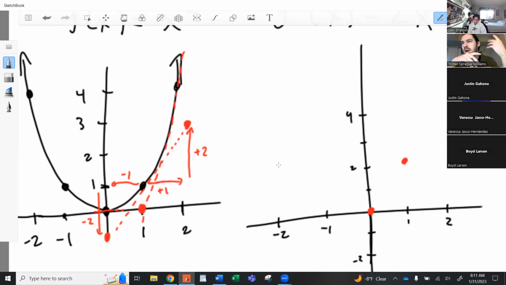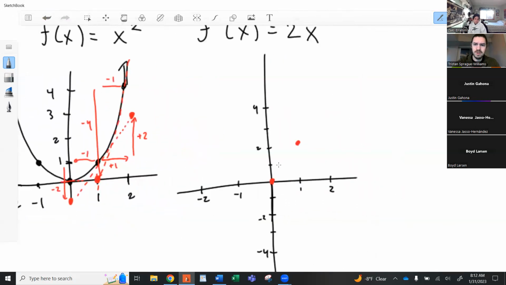I've got a very rough graph, which is why it's not ideal. But that tangent line there should end up with a slope of 4. You can see the -1, -4 right there. So when x equals 2, y equals 4.